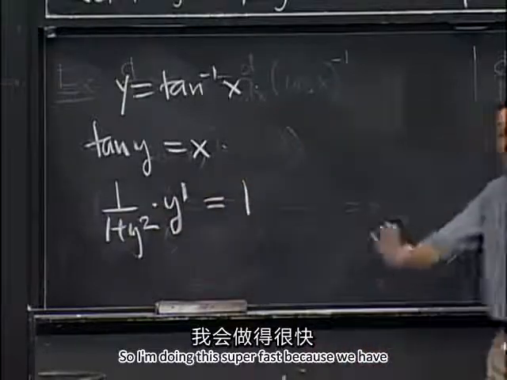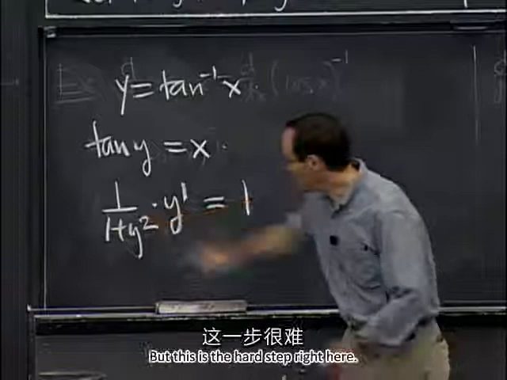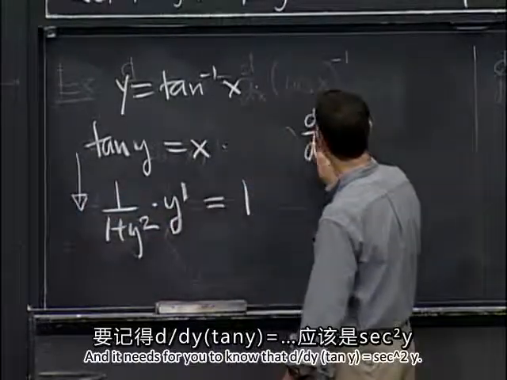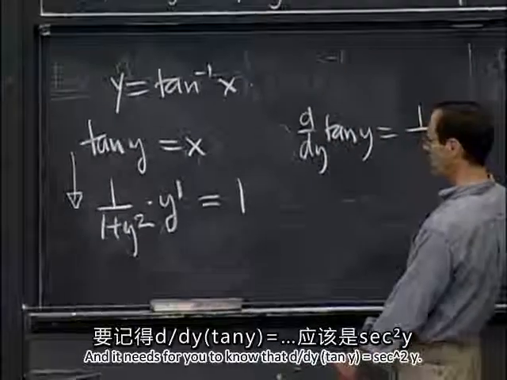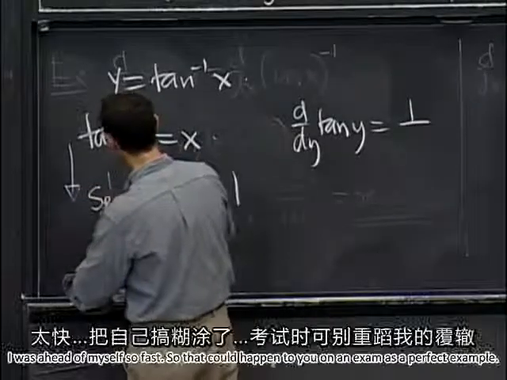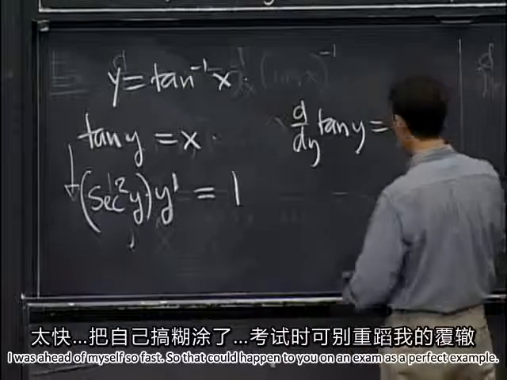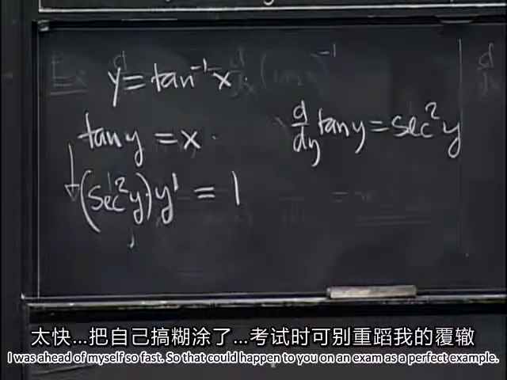I'm doing this super fast because we have 30 seconds left. But this is the hard step right here, and it needs you to know that the derivative of tan y is equal to 1 over, oh, bad, bad, bad. Secant squared. I was ahead of myself so fast. So that could happen to you on an exam. That's a perfect example here.